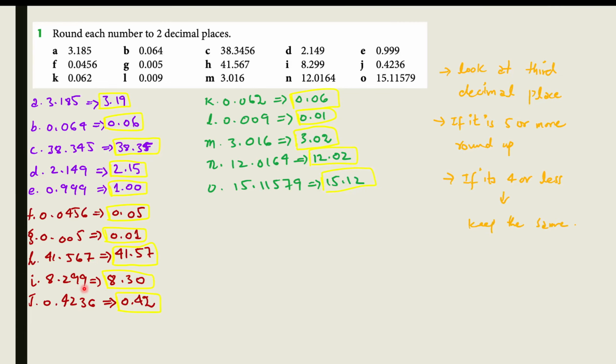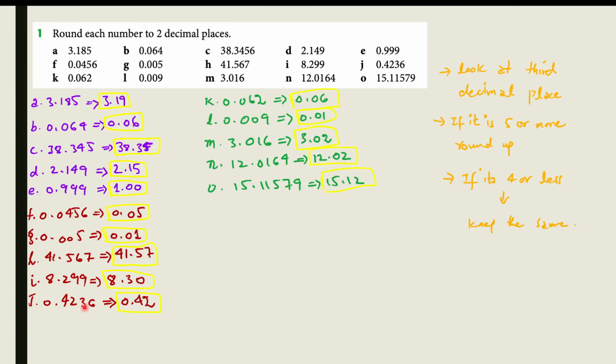So again we look at the third decimal place. This is 9, that is greater than 5. So we increase the second decimal place digit. When it is 9, so when we add 1, it becomes 30. So we get 8.30.